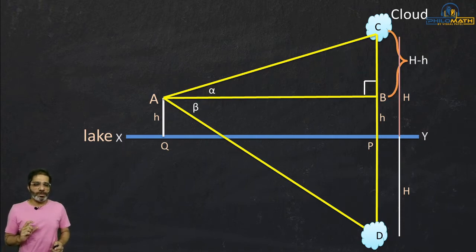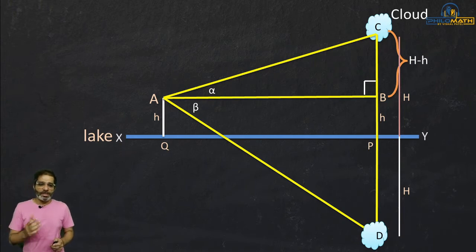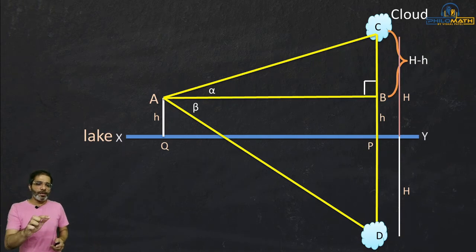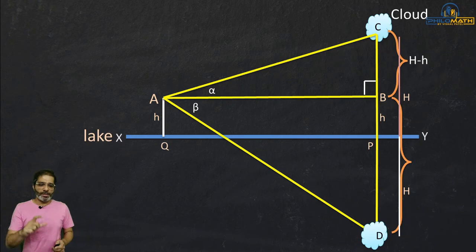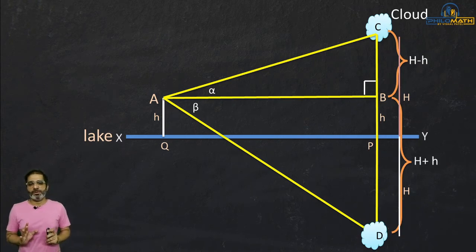So I'll write over there CB is nothing but capital H minus small h. Similarly in the other triangle, that is triangle ABD, if I want to find out BD, we have BP as small h and PD as capital H. So I can say that the total, that is BD, is nothing but H plus h. Okay, so with this we finished with the figure.